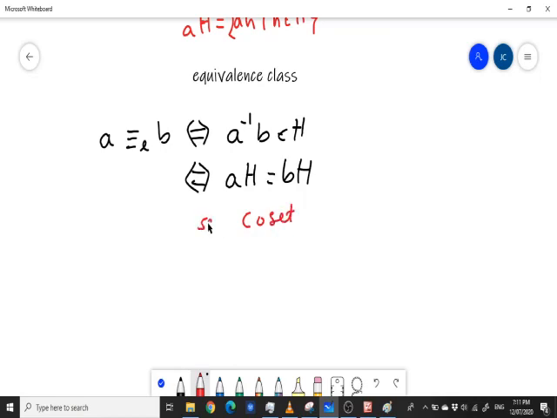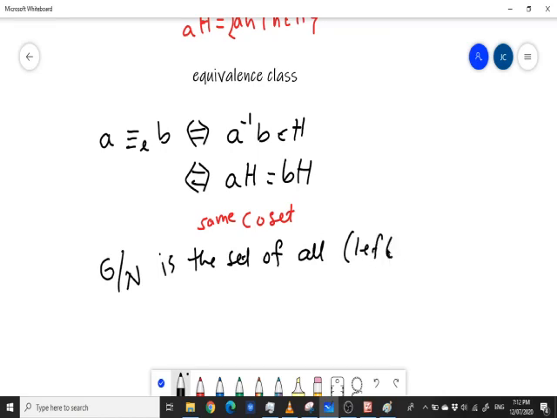Same coset. Tapos, collect all the cosets. So G mod n then is the set of all left cosets of n in G, right?